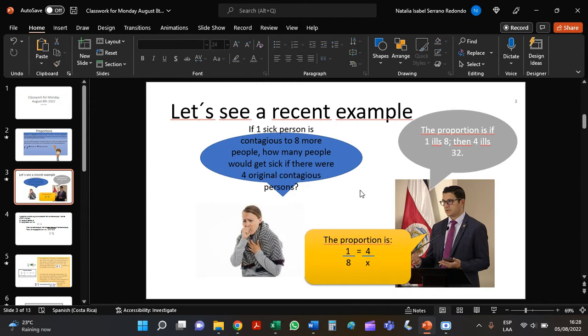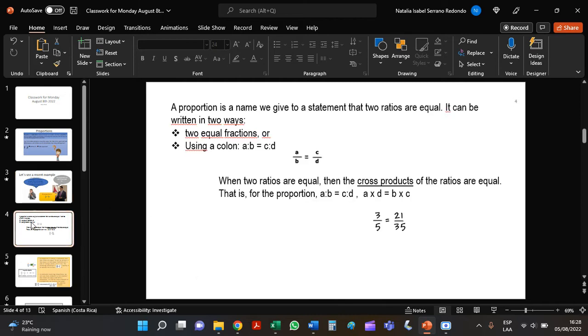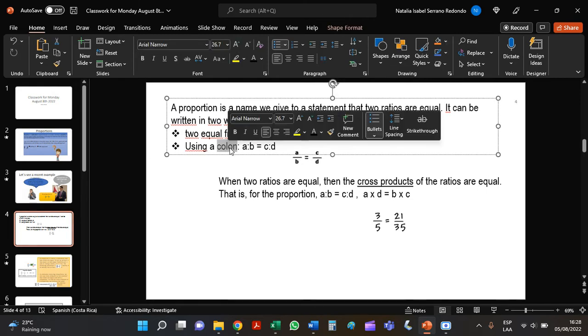Very well. Now, based on these examples, you will be able to do exercises. A proportion is a name we give to a statement that two ratios are equal. It can be written in 2 ways: two equal fractions or using a colon.